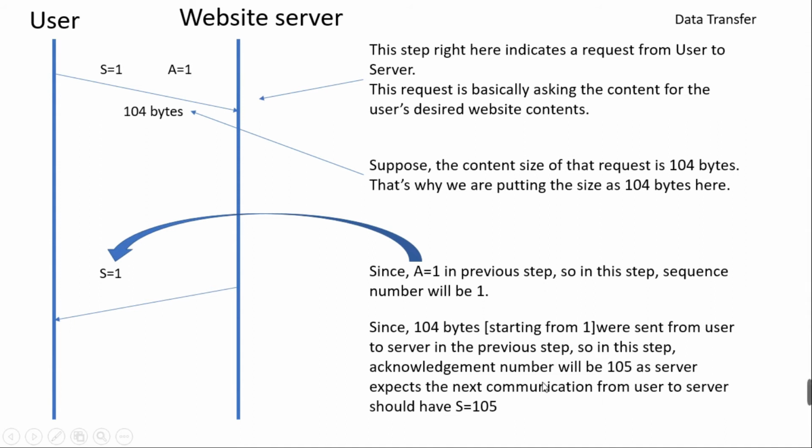In this step, the acknowledgement number will be 105, as the server expects that the next communication from the user should have sequence number 105, because the user already sent all the bytes from 1 to 104. So the server will expect that the next byte it gets from the user should have the sequence number 105. Okay, so let's continue.